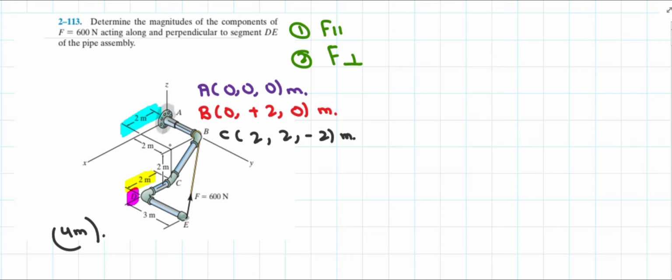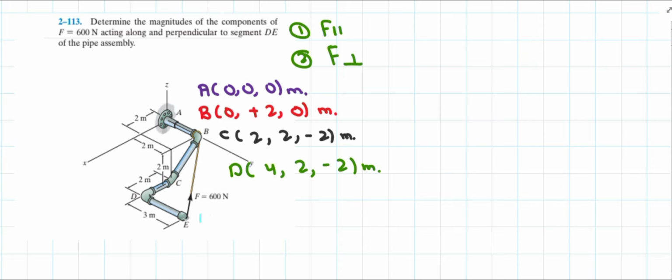So it is the positive x value present in point D. Same as always, this 2 meter distance is indicating on the right hand side, so it is the positive y value. And lastly, this 2 meter distance is indicating vertically downward, so it is the negative z value. So the location of point D can be written as D bracket 4, 2, negative 2 meter. This is the location of point D.